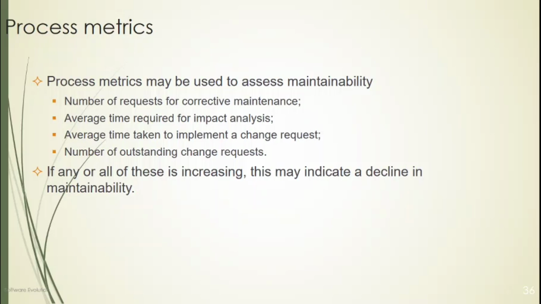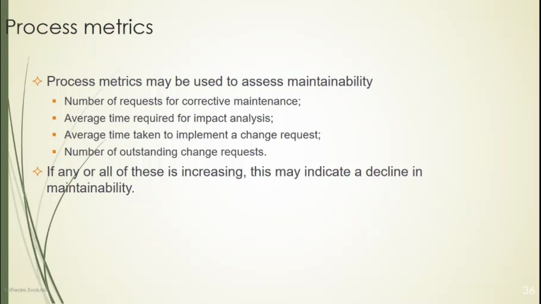Number of outstanding change requests: an increase in the number over time may imply a decline in maintainability. If it takes more time, then automatically the maintainability will decline. So these are the four metrics used to assess maintainability. This is how they assess the particular software's maintenance.